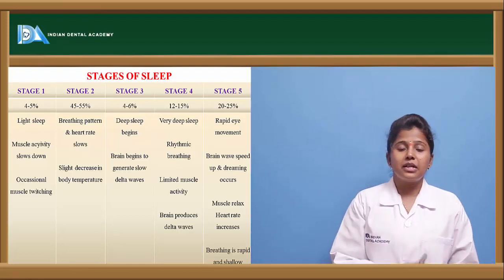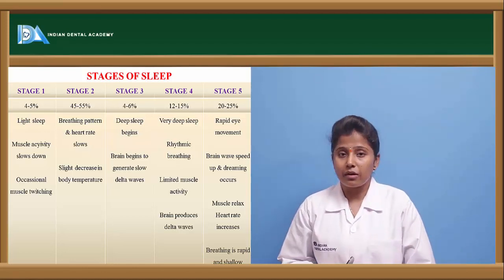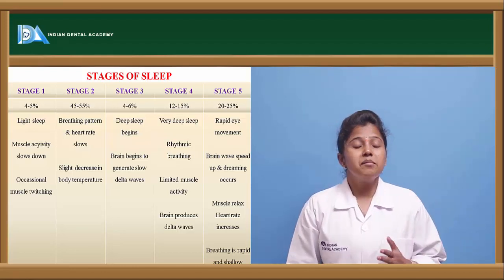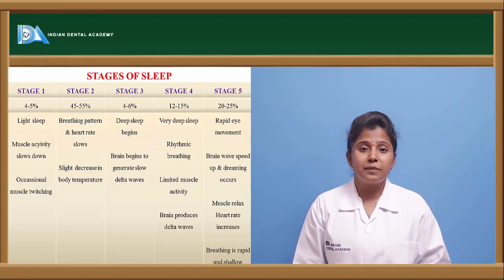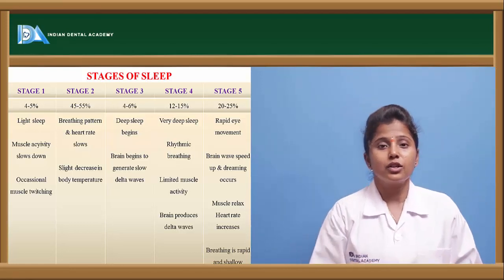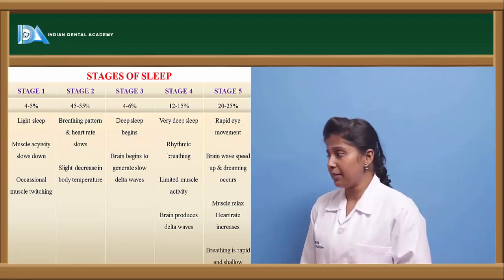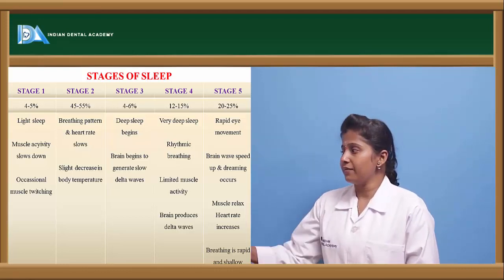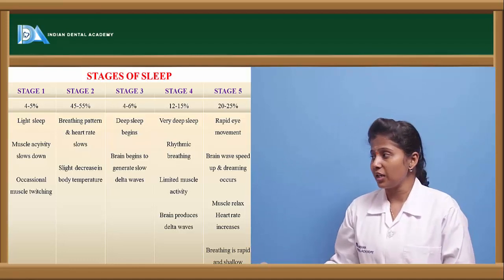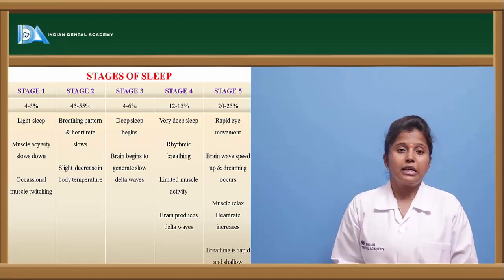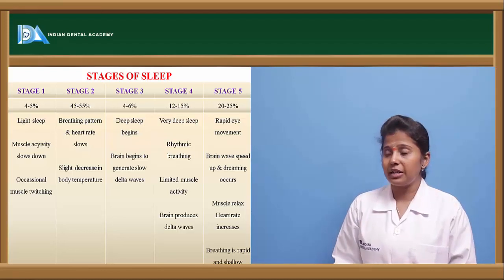Here the breathing and the heart rate will be rhythmic, and the muscle activity will be limited. Neither excessive contraction nor relaxation, so stable muscle activity can be observed. The difference between stage 3 and stage 4 is that in stage 3 the brain begins to generate delta waves, but in stage 4 the delta waves are completely generated by the brain.